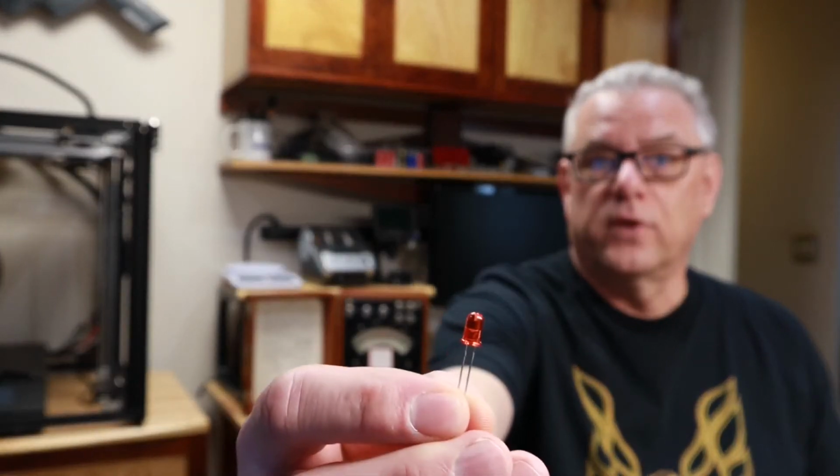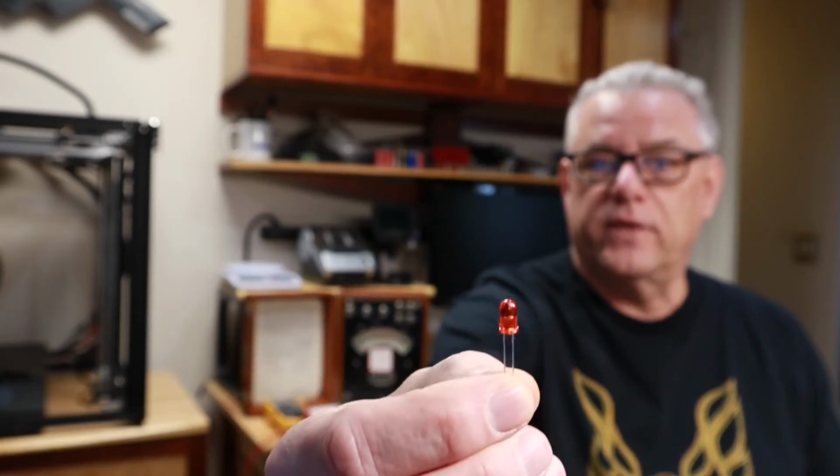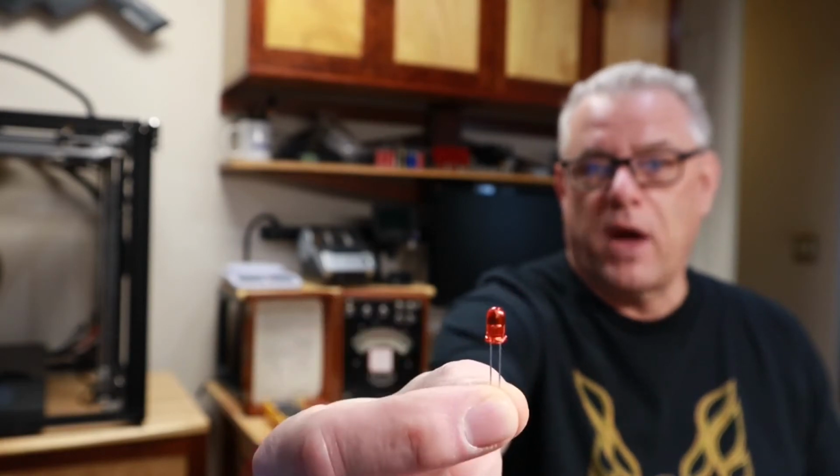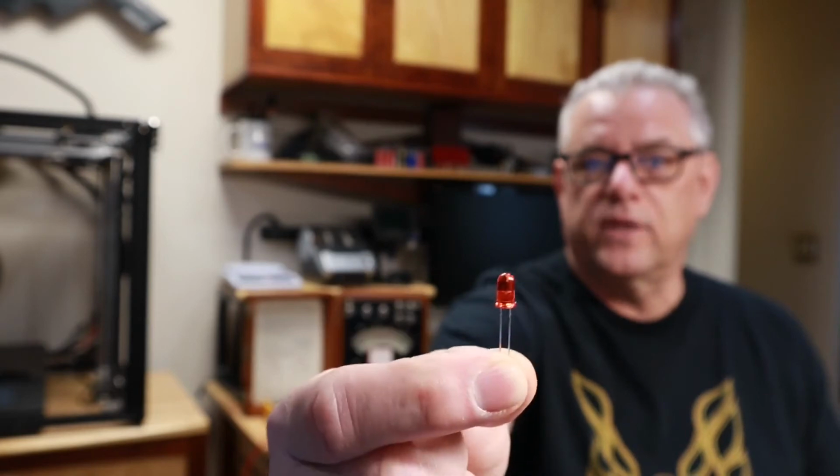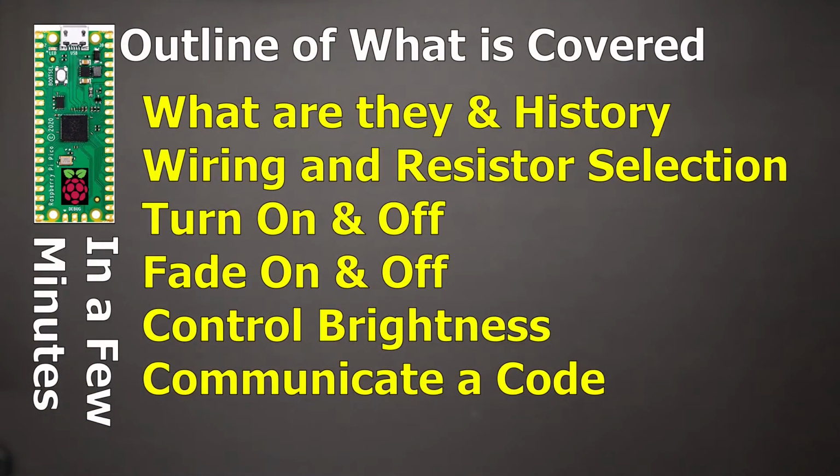In this video we're going to be talking about LEDs. These wonderful little communicating devices that are found in just about everything that's electronic today. What we're going to be covering today about LEDs will be what they are, a very brief history about them. Then we're going to go into some coding about how to turn them on and off, very simply, for blinking.